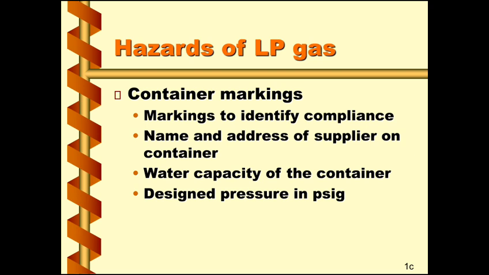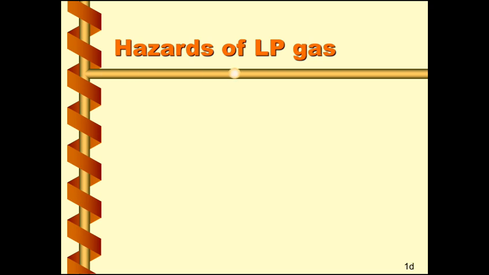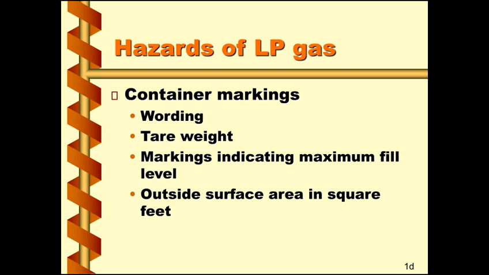All these properties should be mentioned on the LPG gas cylinder. Along with those, the wording, the tare weight, and markings indicating the maximum fill level should be there, and how much quantity it can store, and what the maximum capacity of a particular cylinder is. All those things should be mentioned properly.